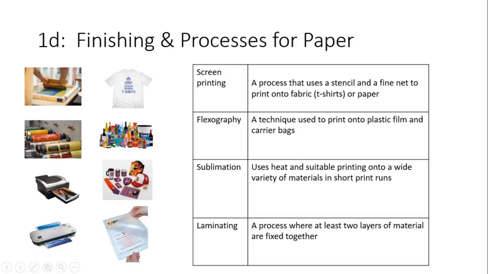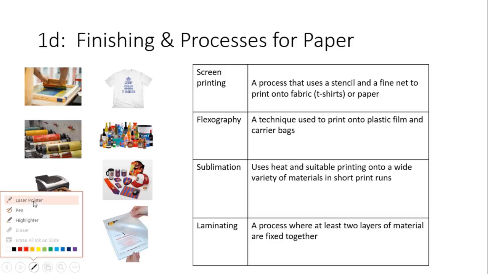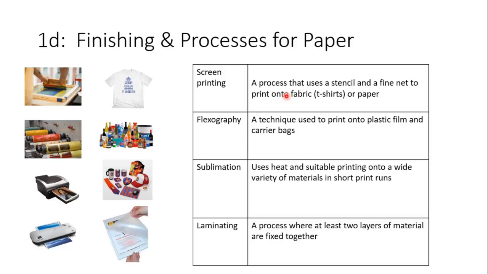Screen printing, for example, is the first one, and that involves a process where they use a stencil, as you can see. That's the stencil as a screen, with certain parts cut out to let the ink through, other parts masked off to stop it coming through. You can use the same process on t-shirts as well, but you can also use it on paper.